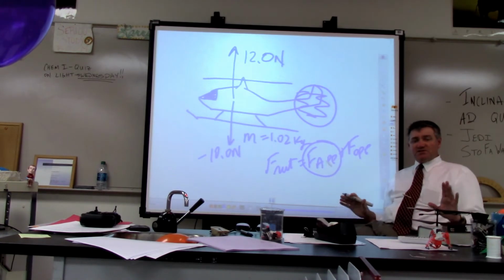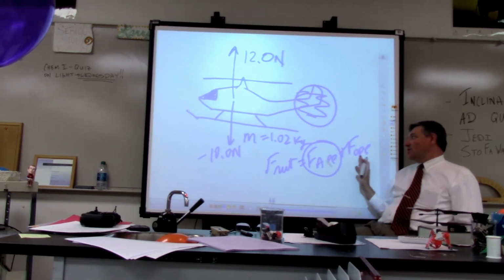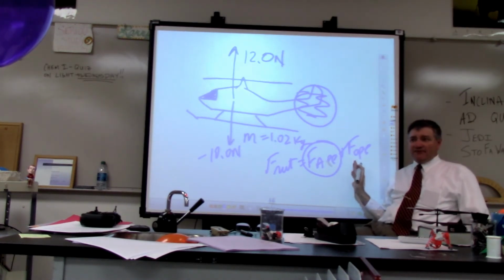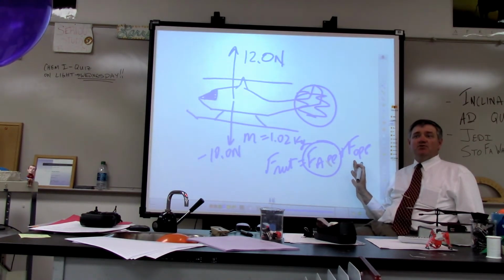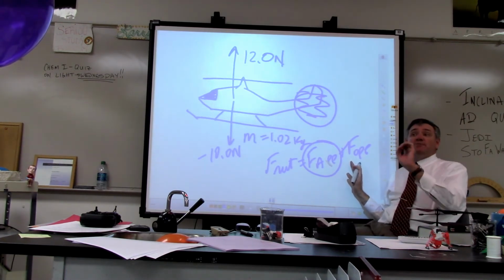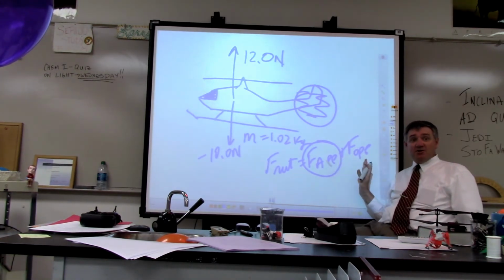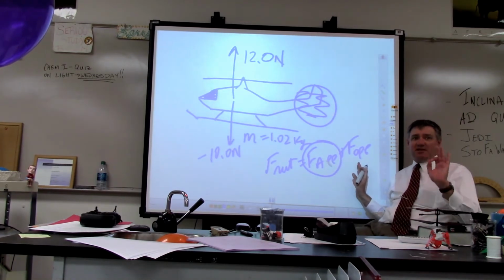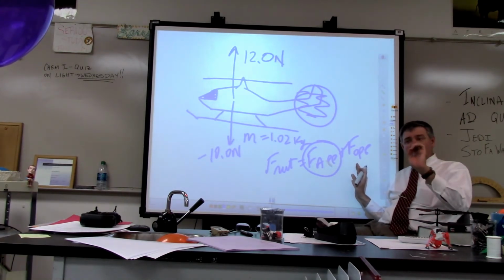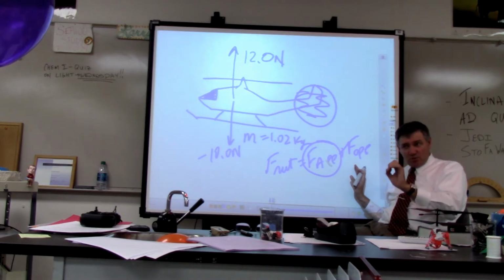What's the only situation, if you're moving vertically, where you don't have to worry about FOP? There's one situation. If you were where? Basically in deep, deep space. So if I tell you I don't want you to worry about gravity, I will tell you explicitly in the problem: the effects of gravity can be reasonably ignored.